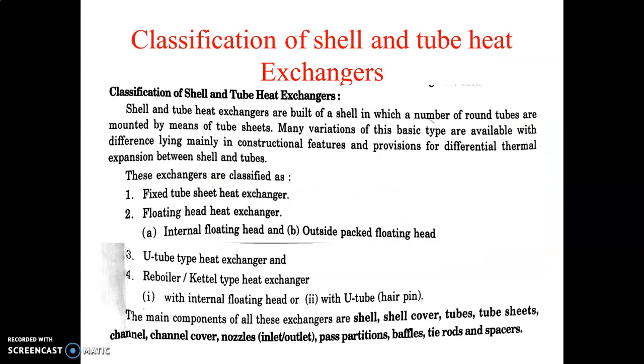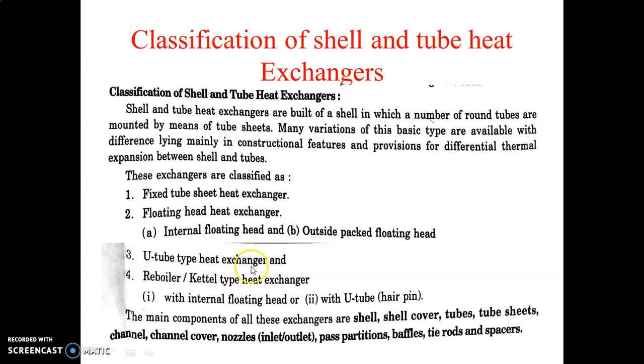Then we will discuss how you classify the shell and tube heat exchangers. So these are classified as fixed tube heat exchanger, floating head heat exchanger. There are two types: internal floating head and outside packing floating head.